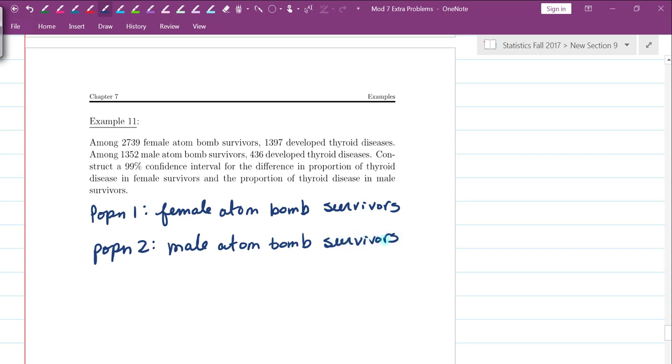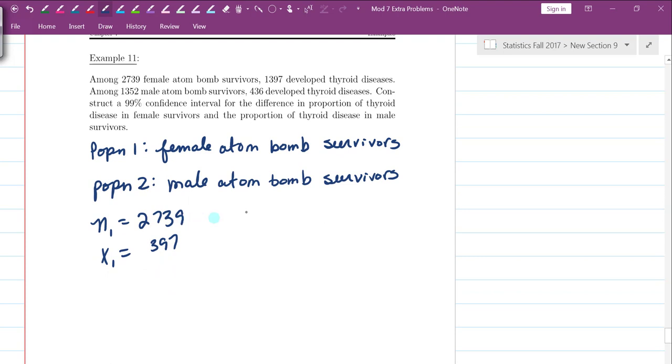And so we have the sample size n1 is equal to 2,739. X1 is going to equal 1,397.